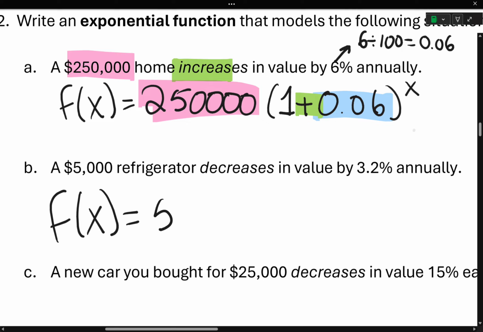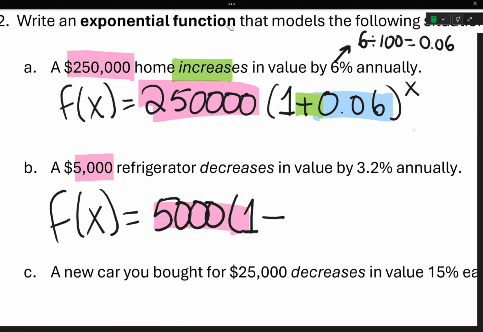We start with 5,000. We have 1 minus because we're decreasing this time. And our percent as a decimal is 0.032.